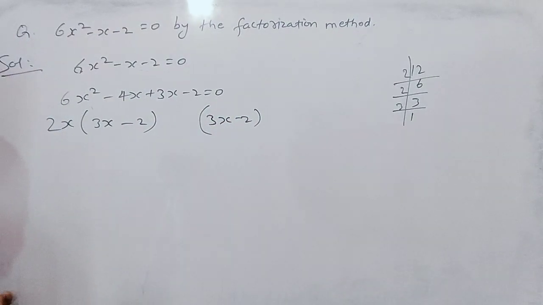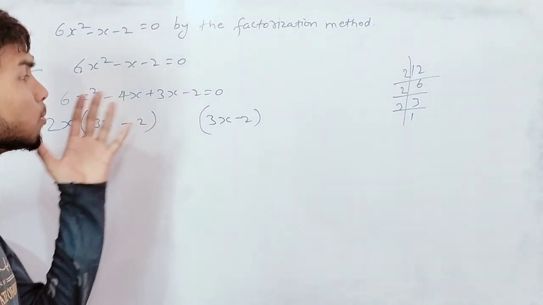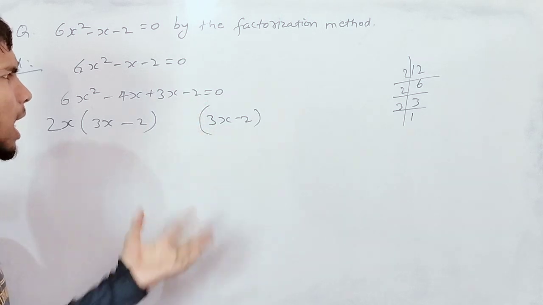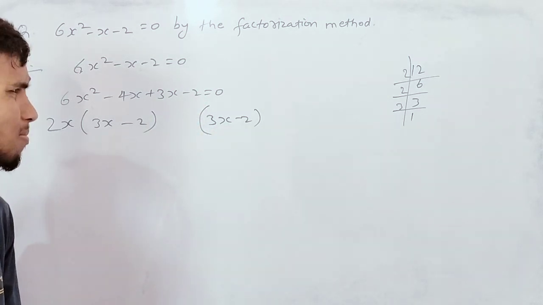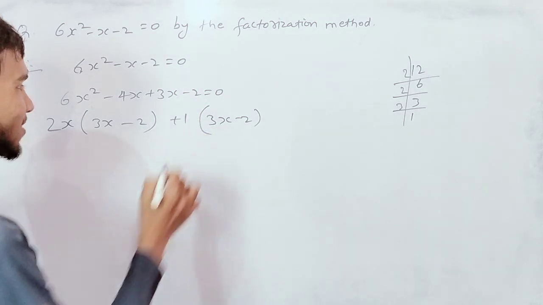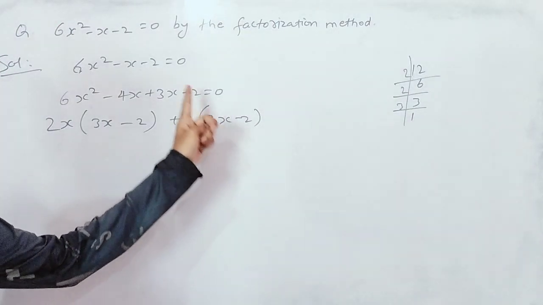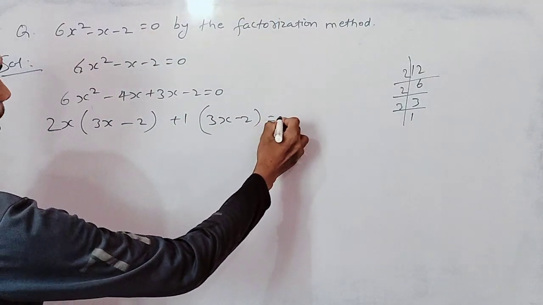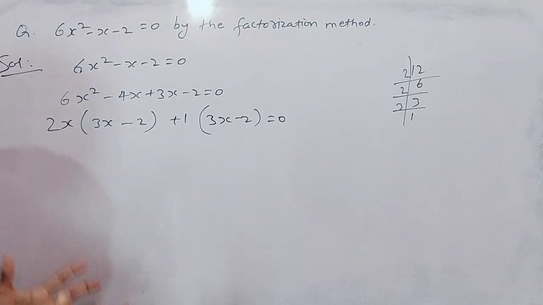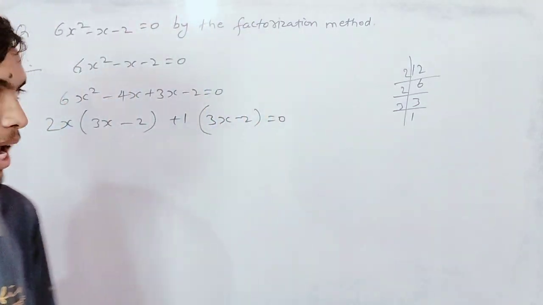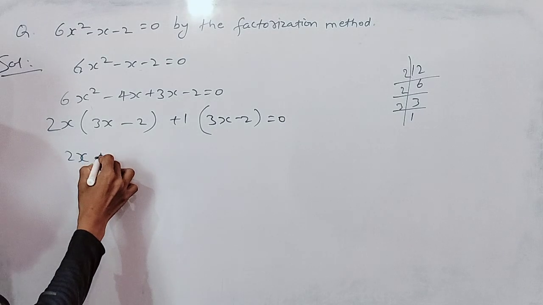How much number can be put here, which we will get this? I think plus 1. Yes. 3x minus 2, 1 times 2. Yes, here it is correct. Now outside terms we write in one bracket, as you know, 2x plus 1.